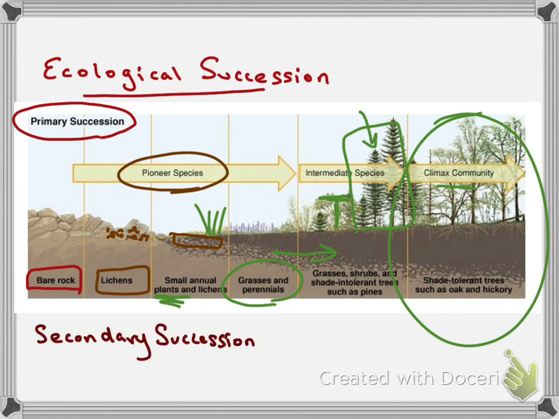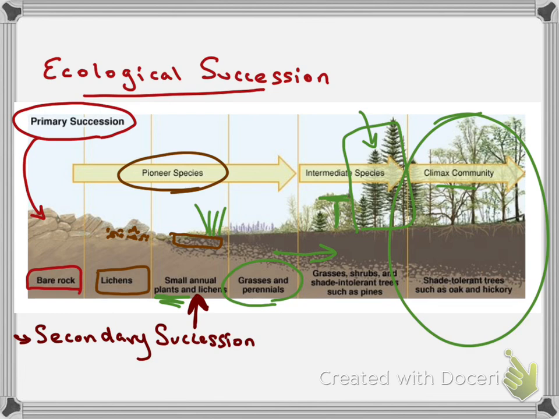The other kind of succession is secondary succession, and that occurs in areas that have experienced a disaster, like a forest fire, but the soil remains intact. So you would start here instead of at primary ecological succession, which literally has to start from the bare rock.